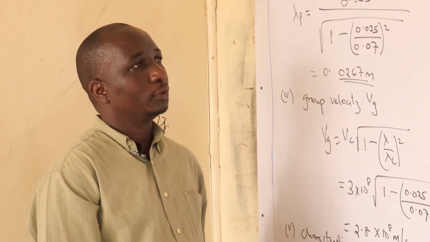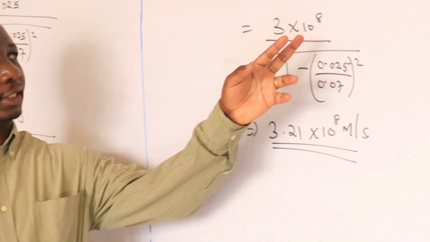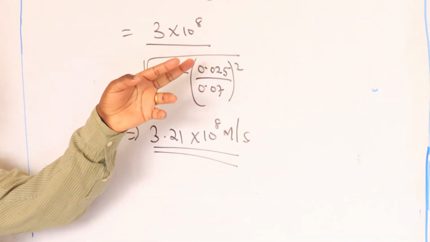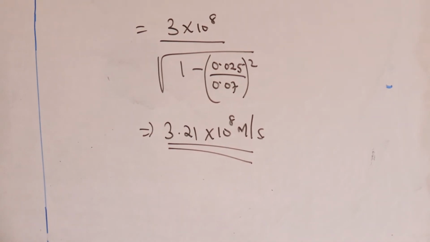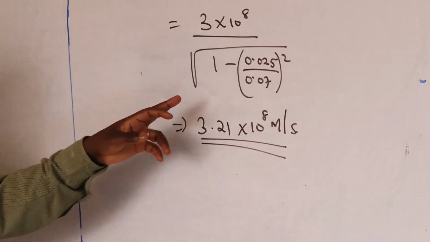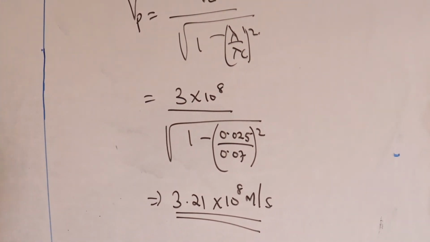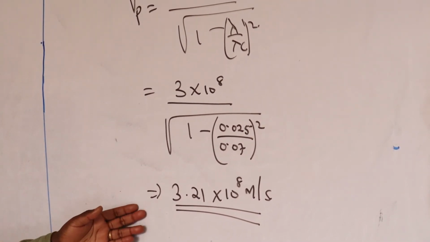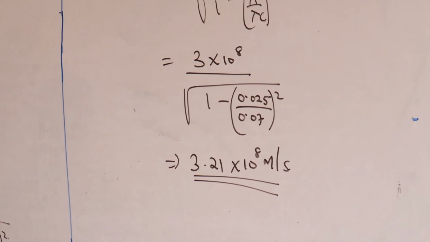The reason is that the expression 1 minus free space wavelength over cut-off wavelength squared gives a fraction. Anytime you divide by a fraction, it becomes a greater number. That's why we have this.